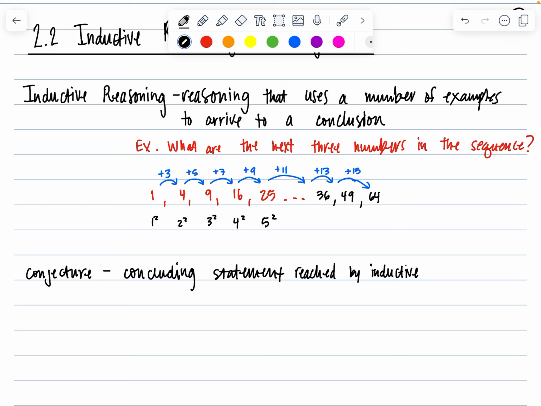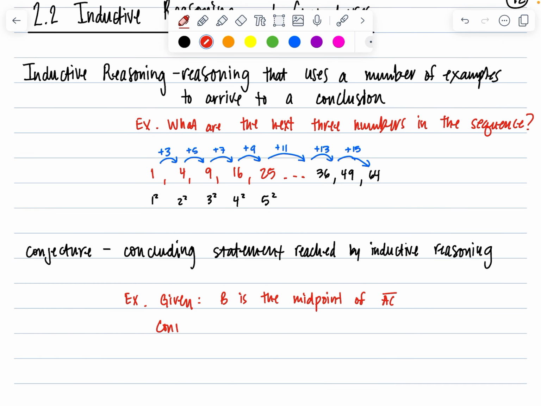So, for example, if we're given B is the midpoint of segment AC, our conjecture we could ultimately conclude, as a result of that, we could say AB is going to be congruent to BC. That is a conjecture. It's a result of that particular given statement.